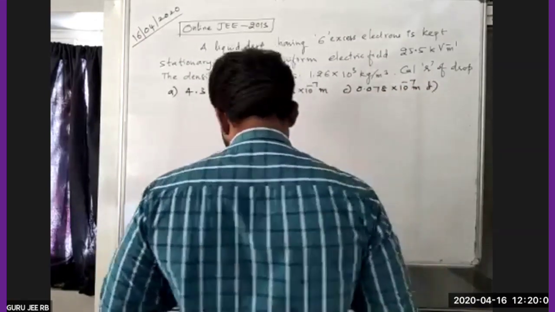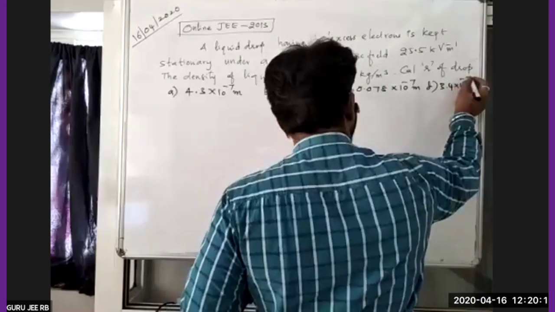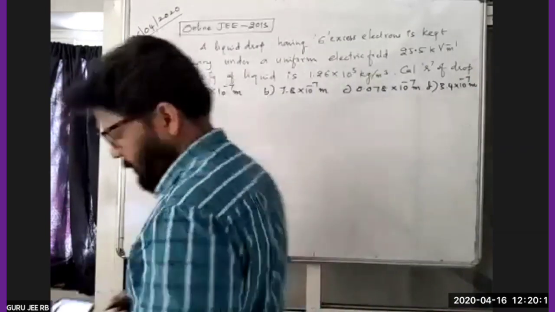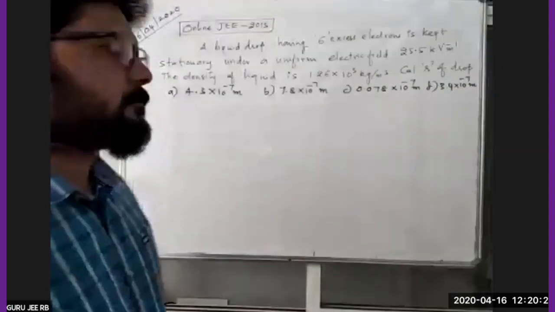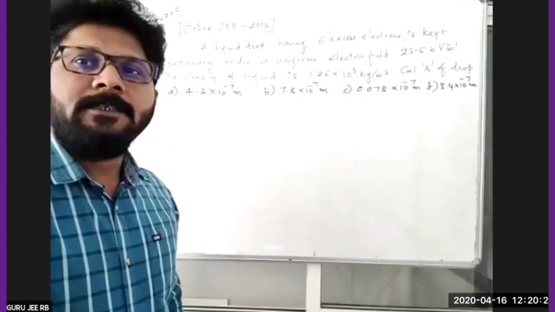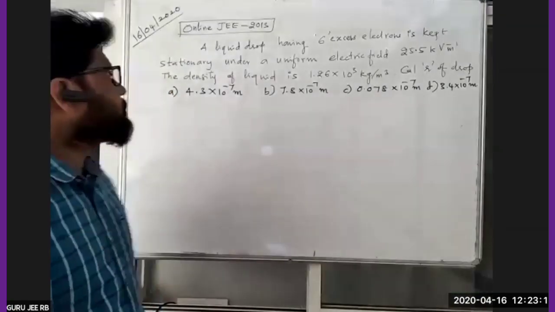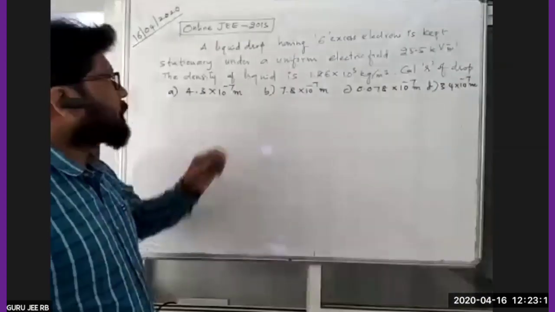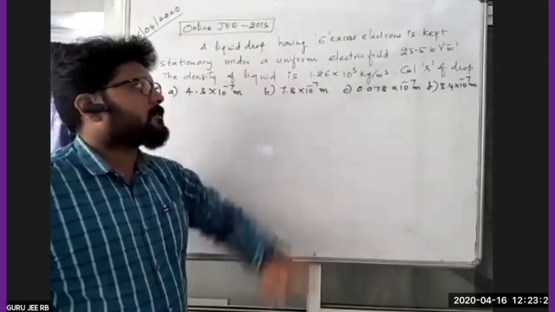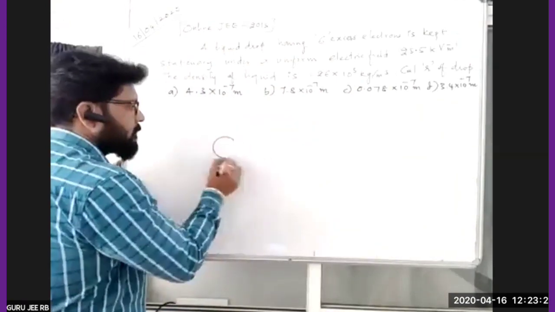Option D, 3.4 into 10 to the power of -7 meters. So I'll give 3 minutes time. Just try it. Now let us see this problem, which is asked in the JEE 2013 online exam. A liquid drop having 6 excess electrons. Let us take this is a liquid drop.